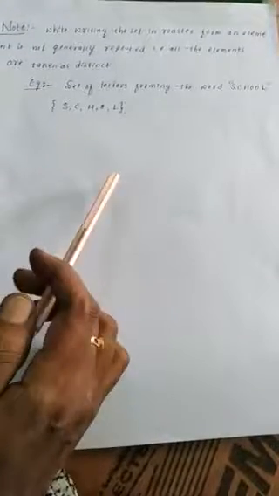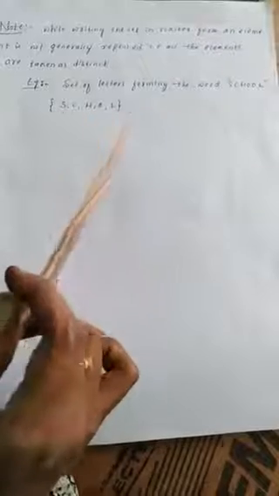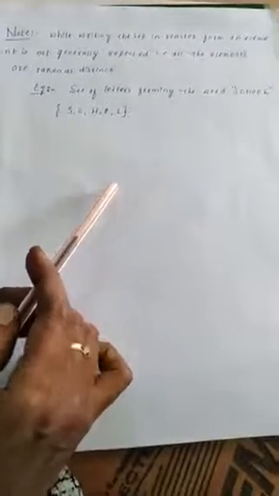Is it clear? In the word school, O is repeated, it is there twice, but we need to write O only once. Okay, so this is exactly the note. Hope you guys understood this.